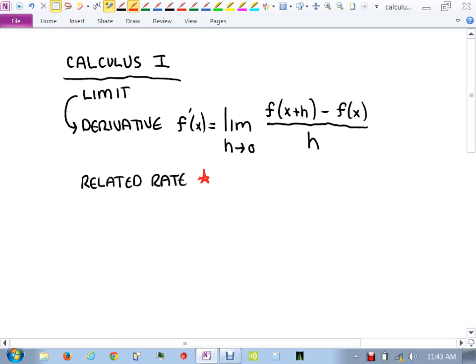So I'm going to probably star this one. This is probably the toughest section, one of the toughest sections in Cal 1, right? The boat problems, right? There are all these problems where you have something connected to the other. The unfortunate thing is those are the most realistic and useful problems because as engineers or people moving on to do things with math, the whole point is to be able to take the real world and turn it into a math problem that you can solve.